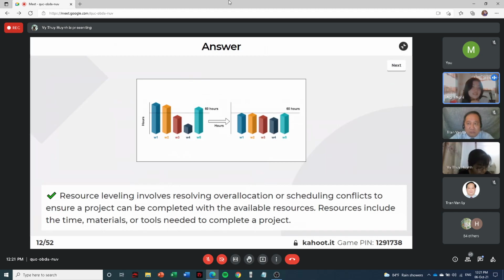Resource leveling involves resolving over-allocations or scheduling conflicts to ensure a project can be completed with the available resources. Resources include the time, material, or tools needed to complete a project.